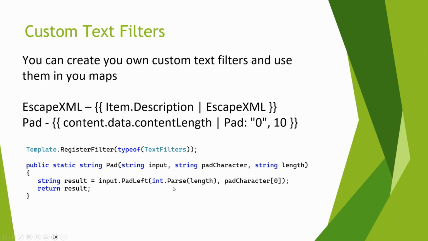And this one here basically pads it out to however many characters that you want to pad the field to. The escape XML, which we'll look at in a minute in the code, basically goes in and just runs the escaping on it so that it takes an ampersand and turns it into an escape sequence, things like that, so that it can be valid inside of an XML document.